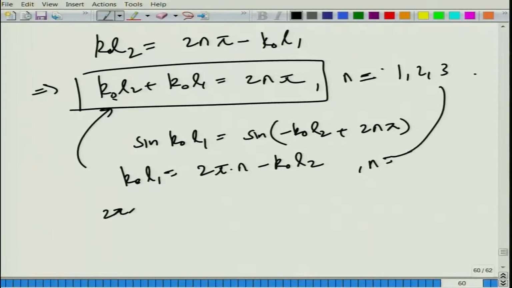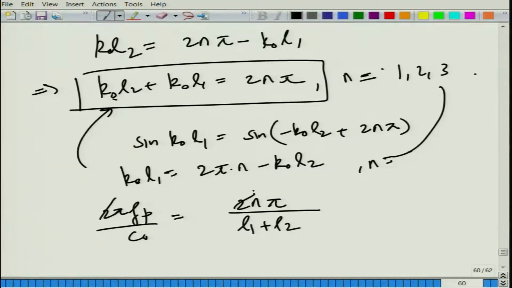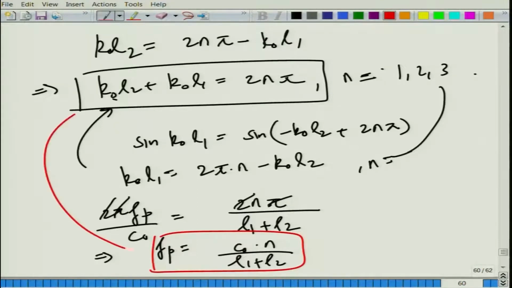This is 2 pi fp over C0, and this is 2n pi over L1 plus L2. So, 2 is cancelled and so is pi, giving you fp equal to n C0 over (L1 plus L2). Okay, you are getting this relation corresponding to this condition.